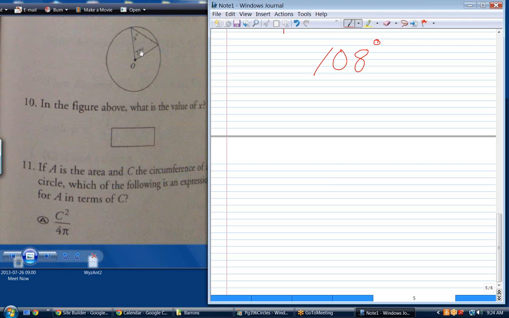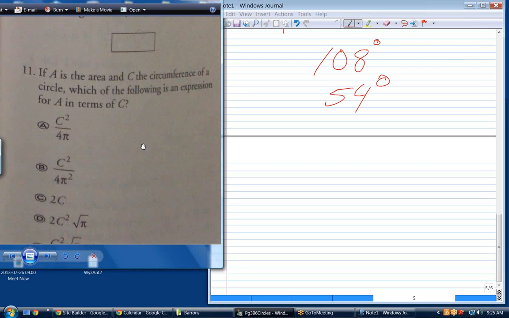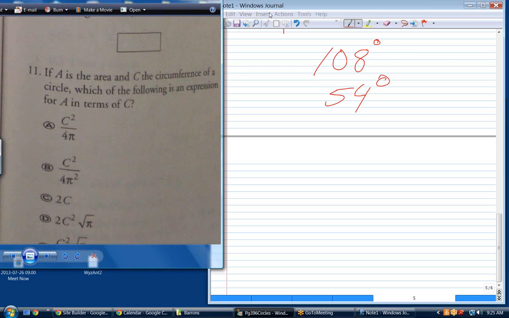So that's an isosceles triangle, and the opposite angles have to be equal also. If the sides are equal, their opposite angles are equal. So this angle over here is also x. So half of this, 54 degrees, since they both have to be equal.